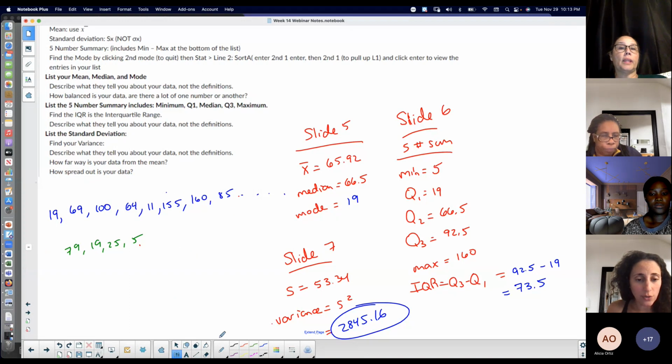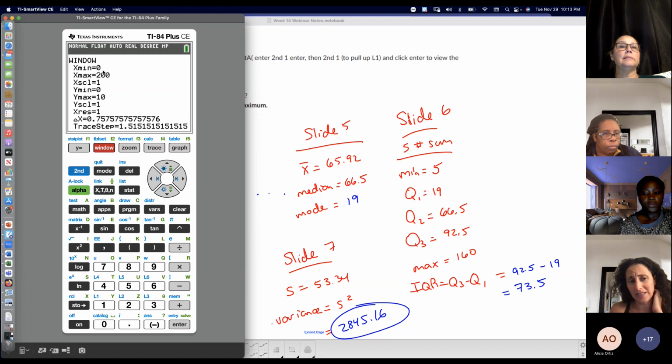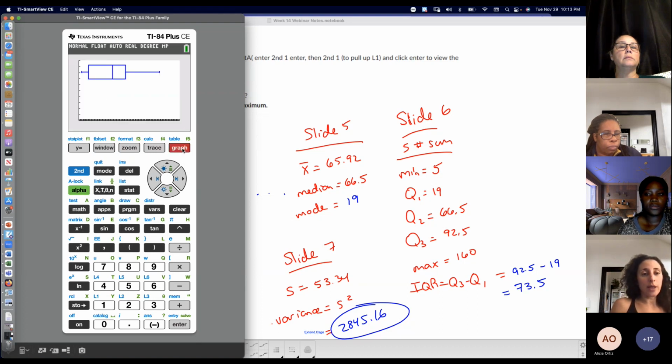I need to be able to show these numbers. My minimum is 5 and my max is 160. So my X min should be a value that is less than the minimum from my list, and my X max should be bigger than the maximum value from my list. So make sure you change your window so you can see your box plot.